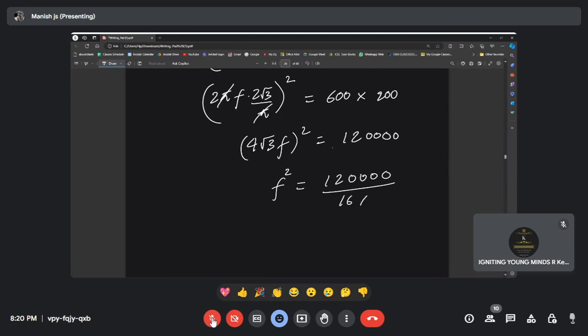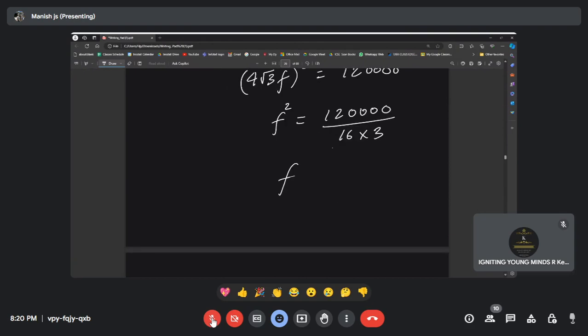4 4s are 16 into 3, right? 16 times 3. So how much do you get, children, when you simplify this and take the under root? So f is equal to under root of this value. So 12 into 10 power 4 upon 4 square into 3.